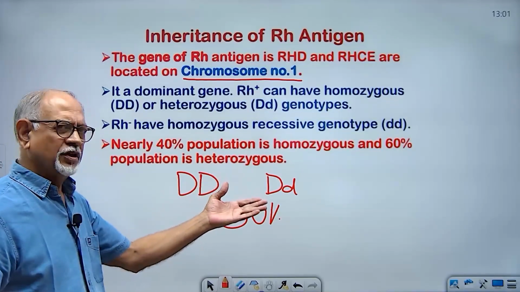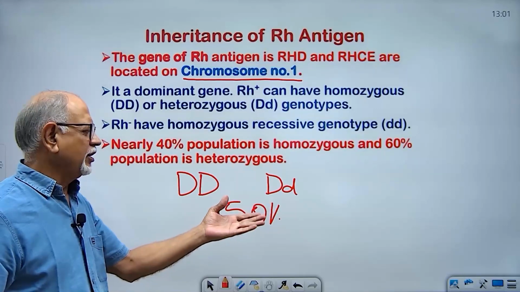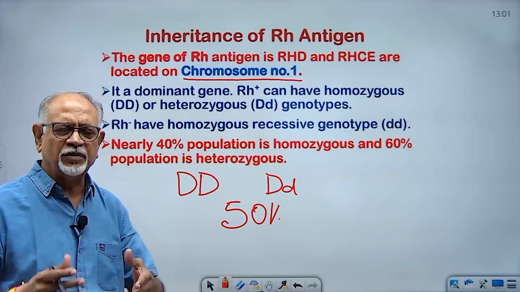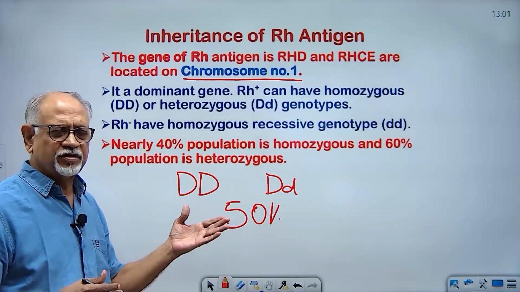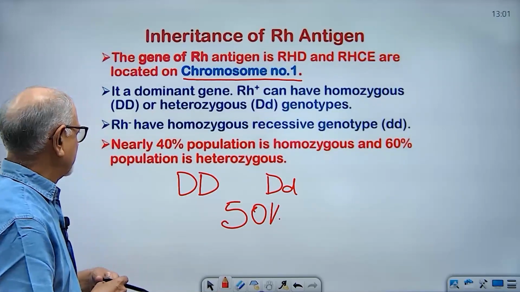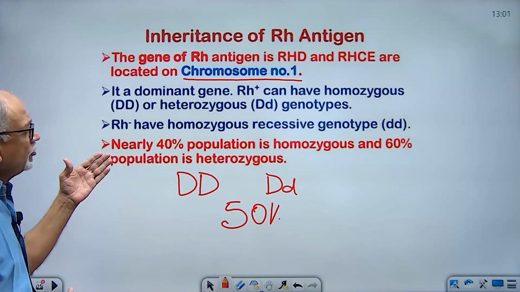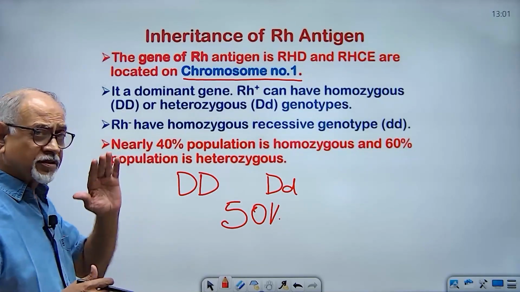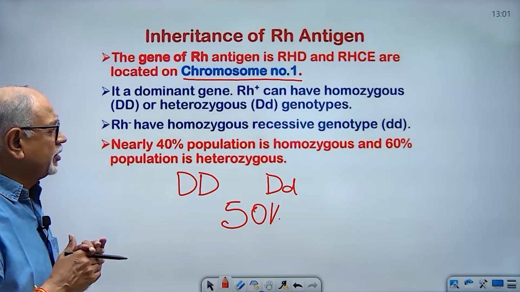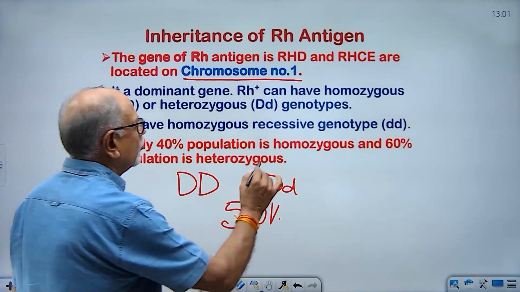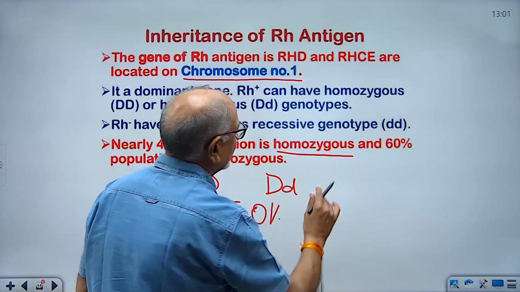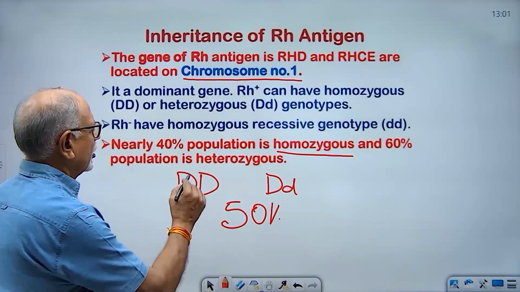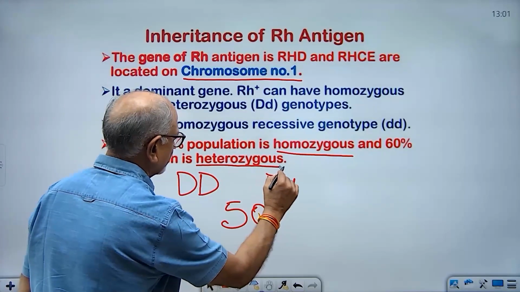If he is heterozygous, then there will be a possibility that the fetus will be RH positive by 50%. Now, nearly 40% of the RH positive population is homozygous, whereas a larger share of people are heterozygous.